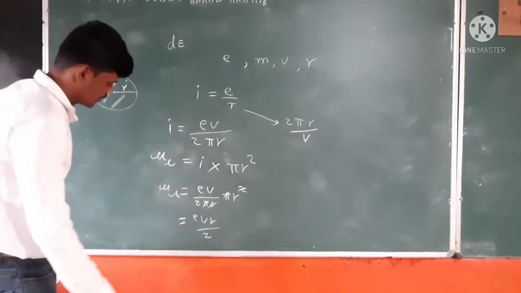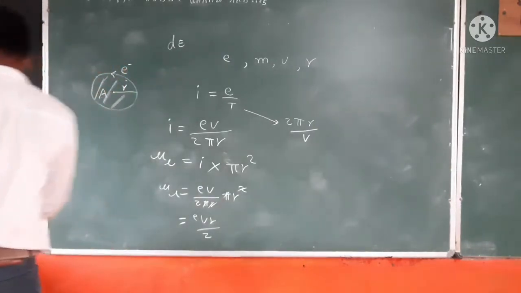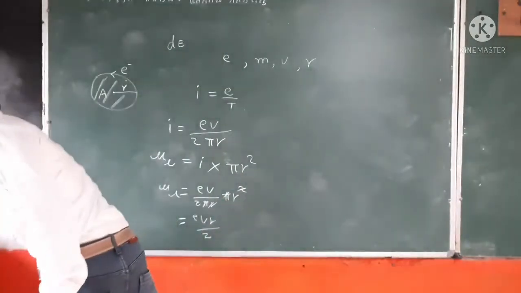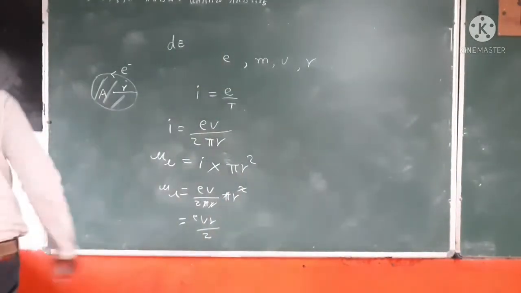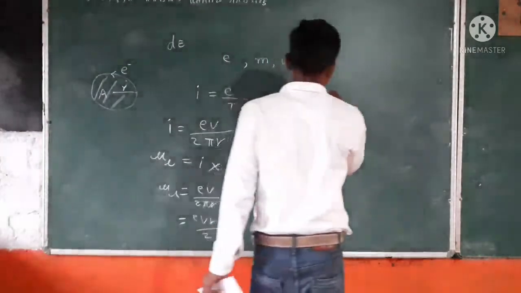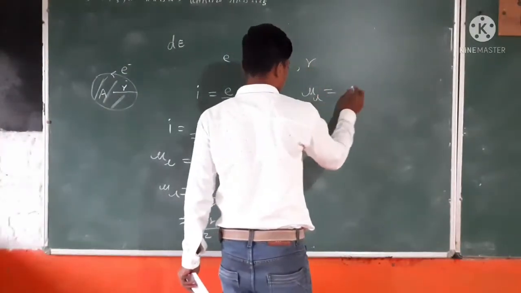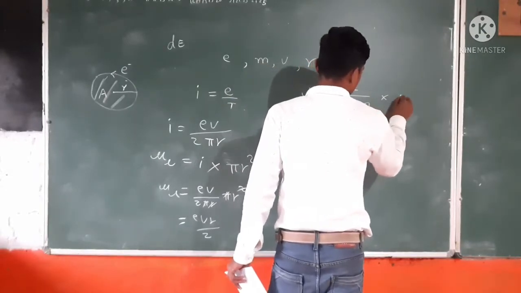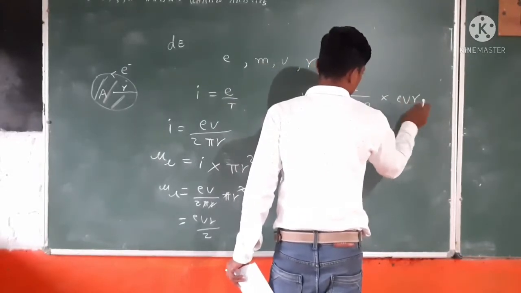Now, if we multiply and divide with m, we will get mu L as E by 2m into m v r.